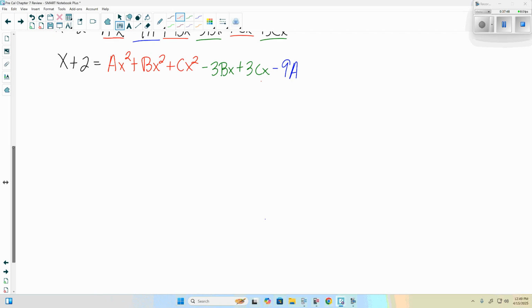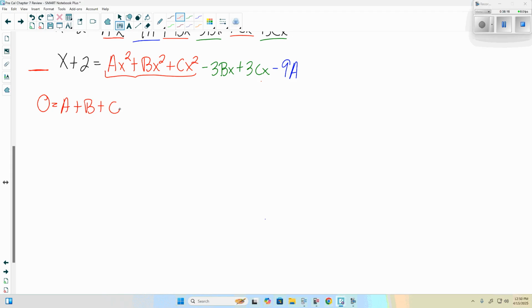Now we could rewrite this out again as we did before, with ax squared plus bx squared plus cx squared. Well, we know that these x squared terms should equal the number with the x squared term on the other side, yes? Well, what's the number in front of the x squared over here? 0.